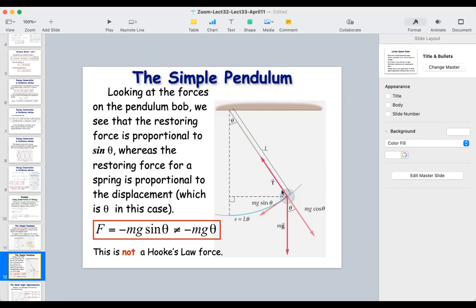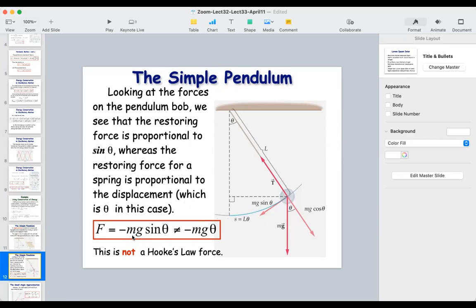Here it is the same: you are pulling this ball away from the equilibrium position. So the restoring force is proportional to sin theta, and it wants to bring the ball back to the equilibrium position. Whereas the restoring force for a spring is proportional to the displacement, in this case it is proportional to theta, to the angle.